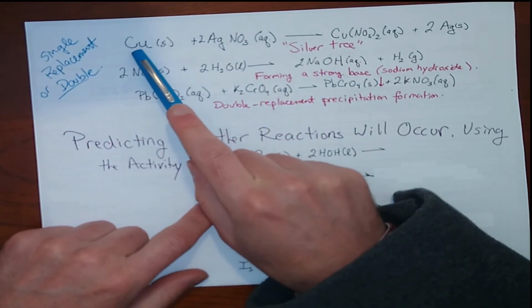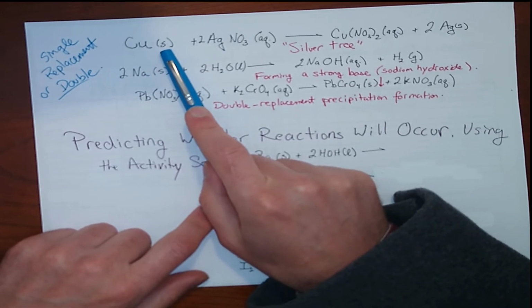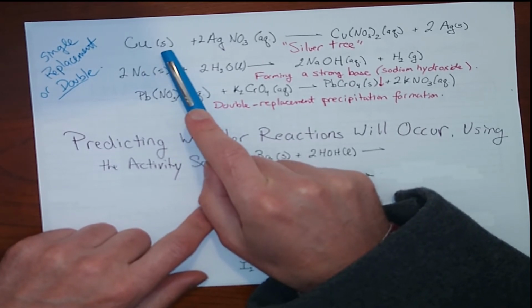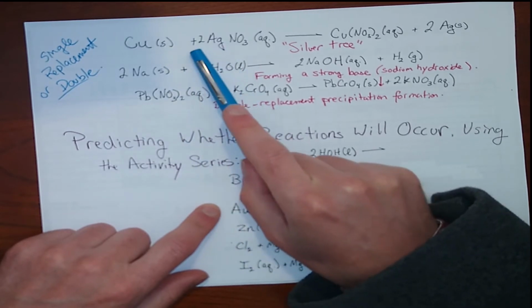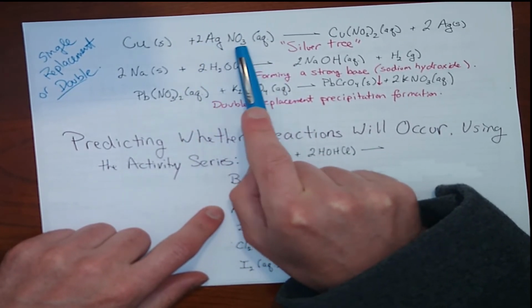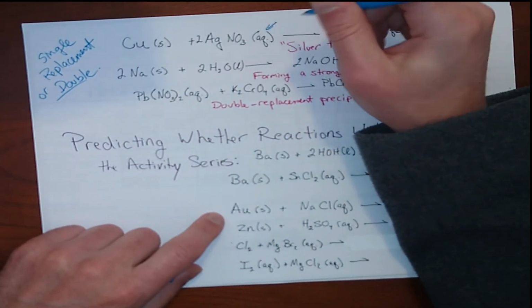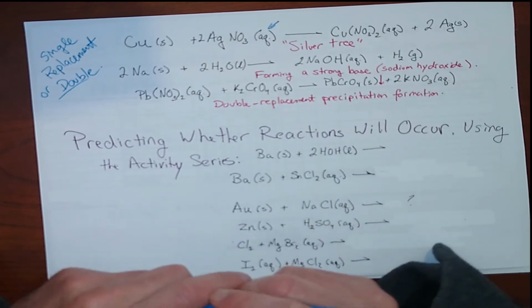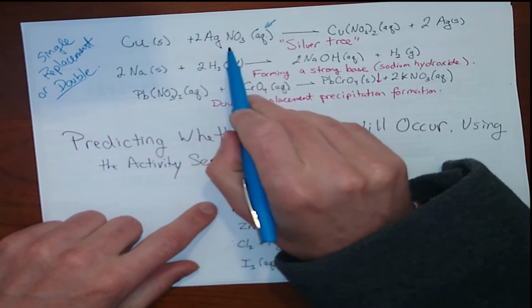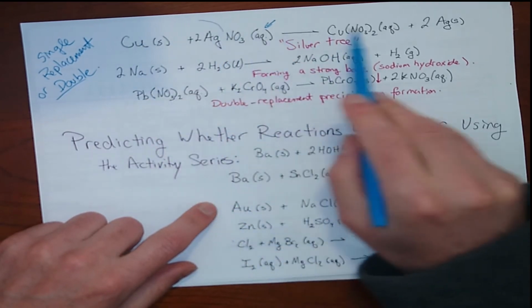So if I have some solid copper, like maybe from a penny or a little piece of copper wire from electrical wiring, and I put that in a solution of water and silver nitrate, AgNO3 aqueous. When you see this, it means it's dissolved in the water, it's in solution. So if I put copper in that solution of silver nitrate, the copper is going to actually replace the silver.